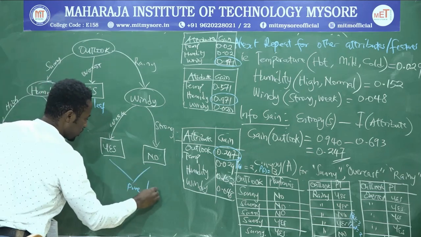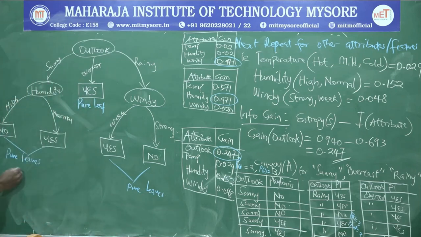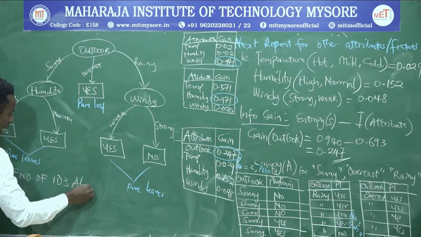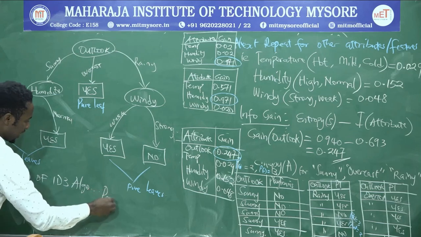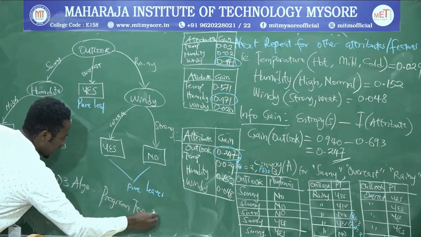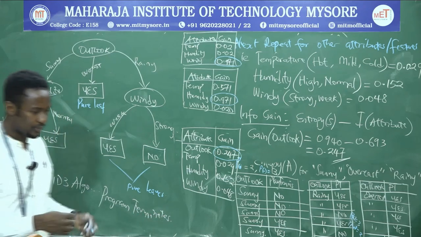So end of the ID3 algorithm. What happens now? Program terminates. We are done. Now, can you imagine how long it took us to compute this?